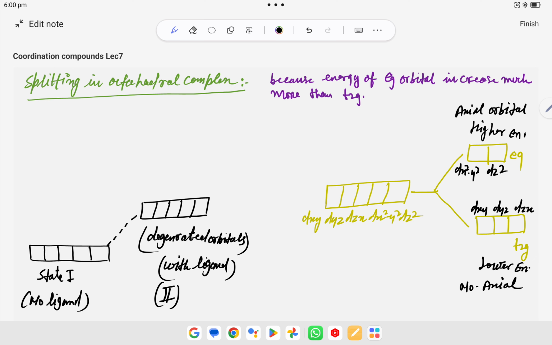Now splitting. What happened? Splitting. So here 3 orbitals, state 3, and here 2 orbitals.